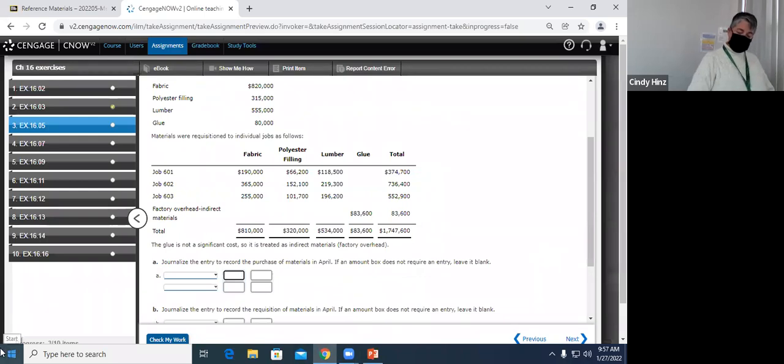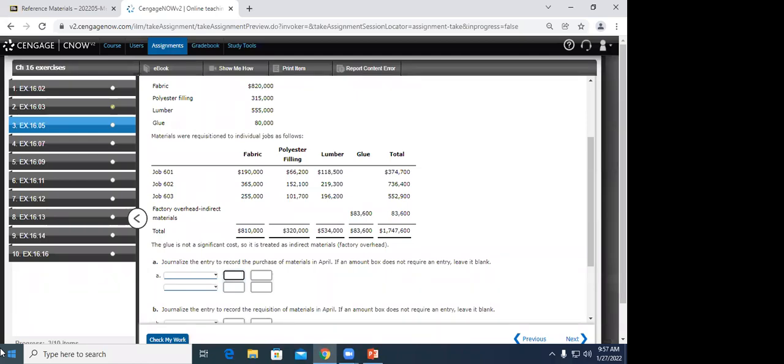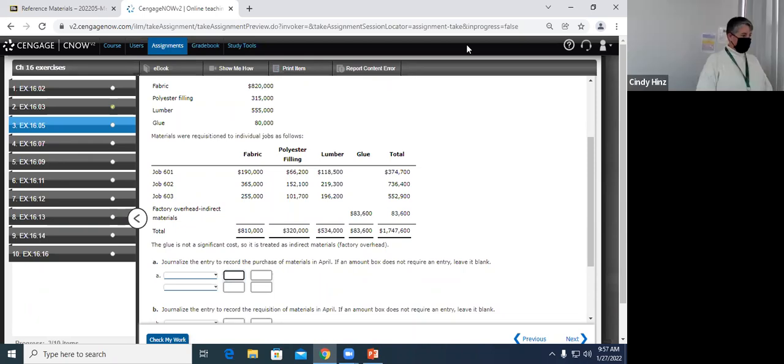Nobody has a working calculator today? Can't be worse than the cell phone calculator that I'm trying to use. Someone just posted in the chat. Yep, that's the number I got, 1,770,000.